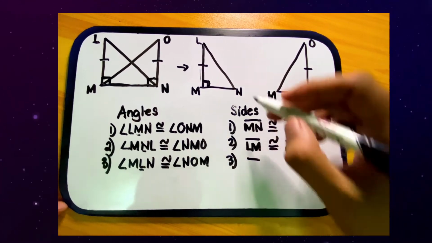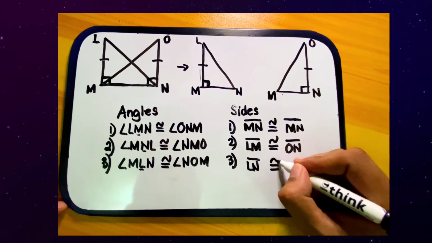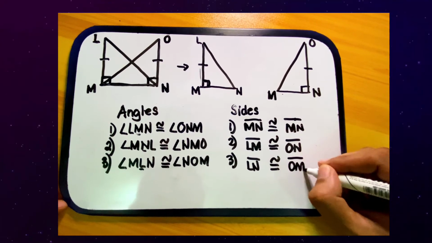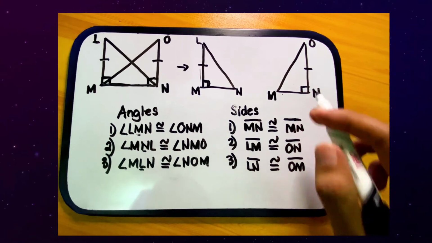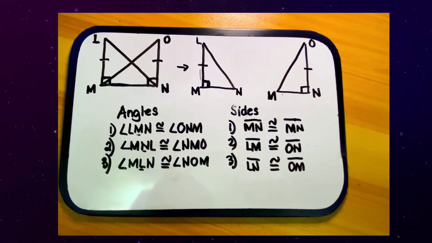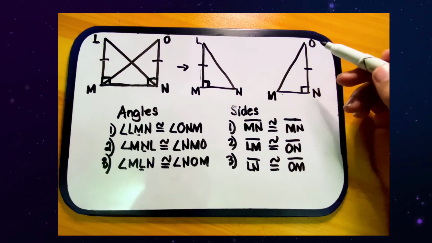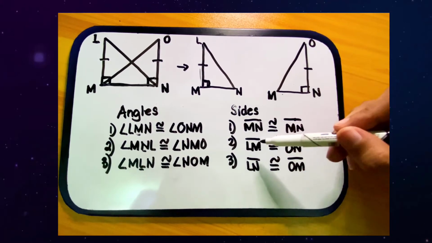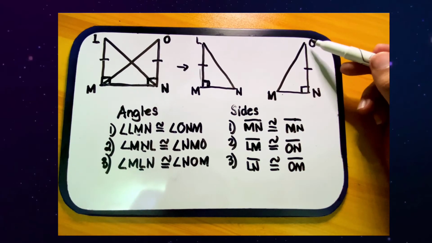And the last pair, LN is congruent to OM. Okay. So you wonder why there are less markings or symbols. Okay. So in your next topic, you will discuss why there's no symbol.